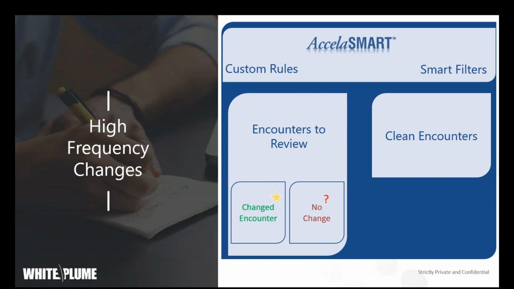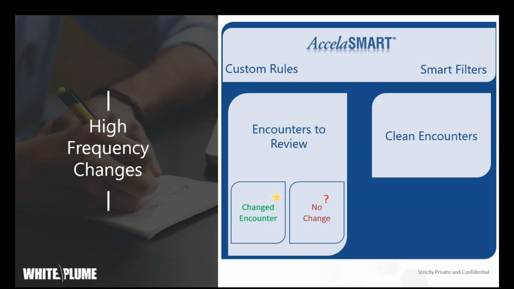Or maybe it is when I've got a bilateral procedure and it's this particular payer. I want to have it on one line item with a 50 modifier instead of 2 line items with an LT-RT modifier. Whatever that may be for you, it's happening over and over and over again.